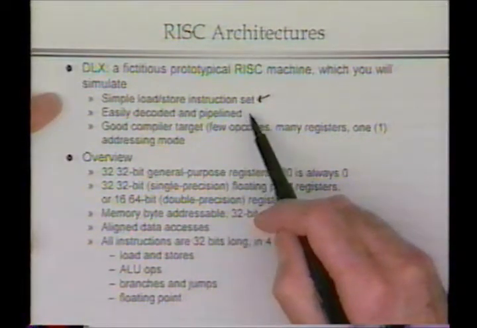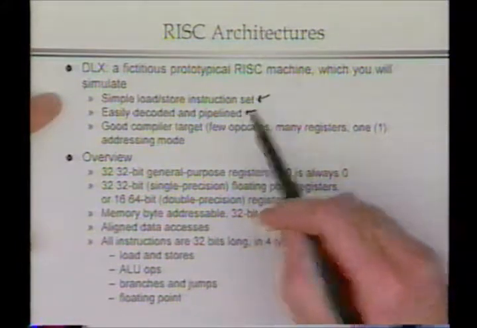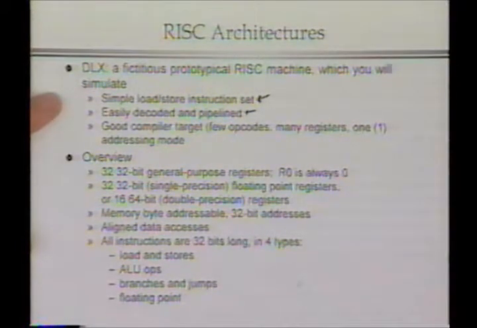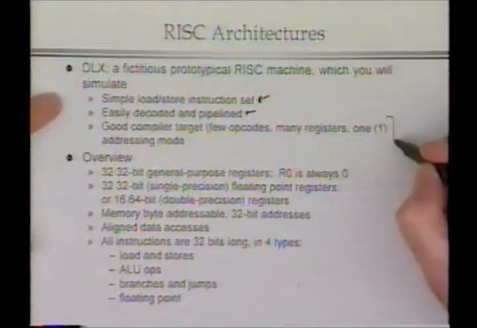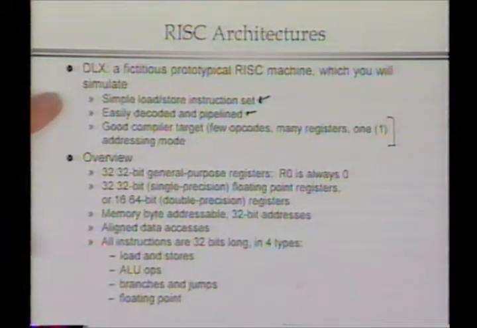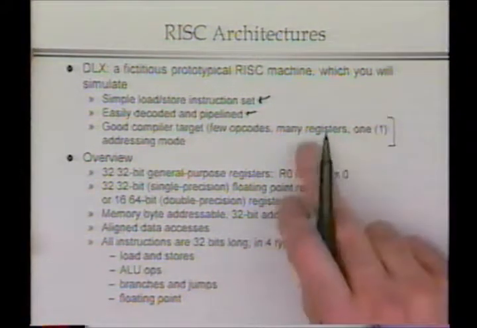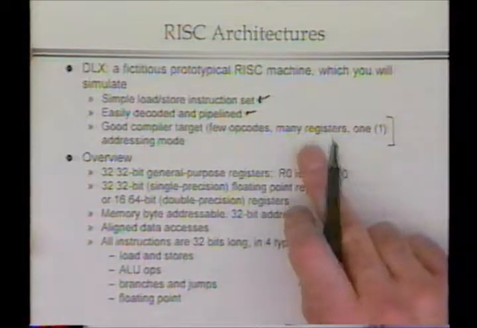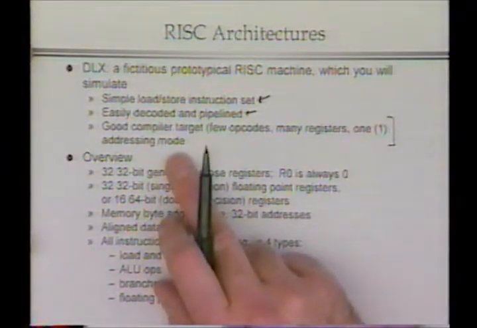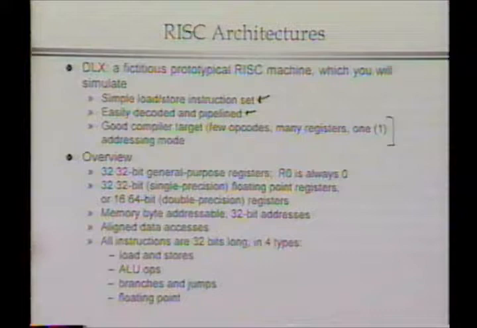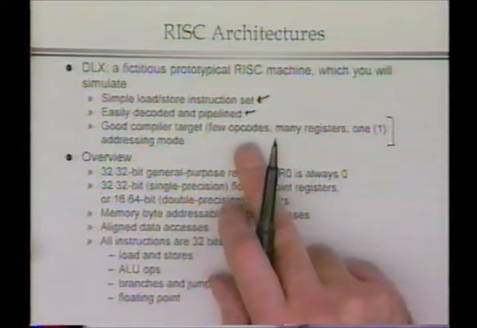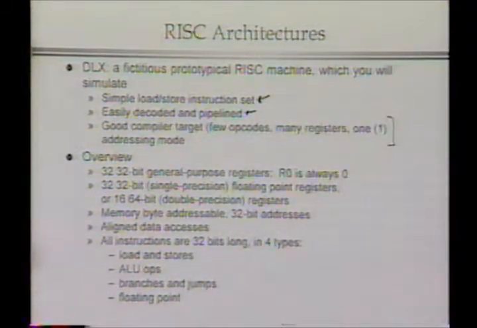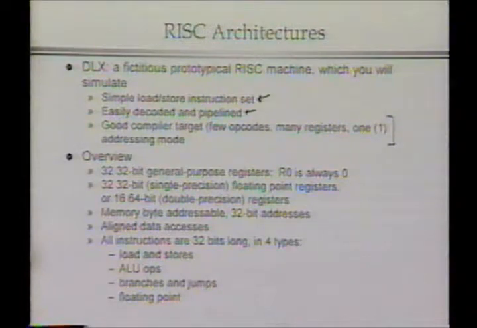It's a machine where the instruction set was designed from the beginning to be easily decoded and pipelined, and was designed to be a good target for compilers. There are many registers which compilers are good at manipulating. There's only one addressing mode, and anything else has to be synthesized in software by the compiler. And there aren't 400 opcodes for the compiler to choose among, as there are for the VAX.